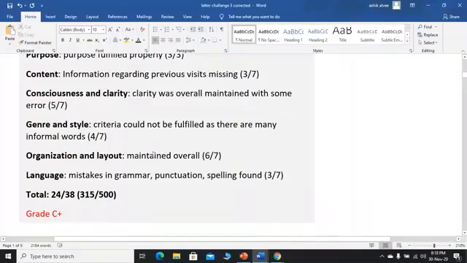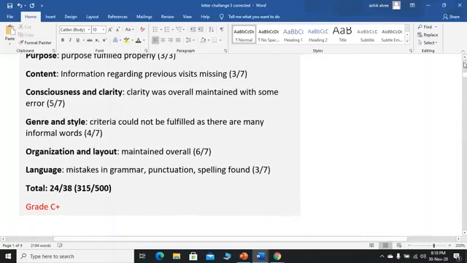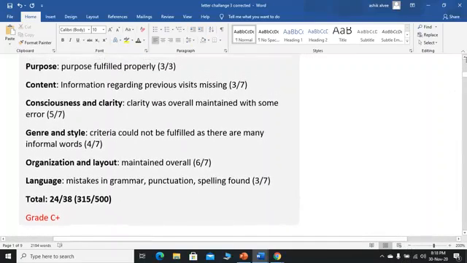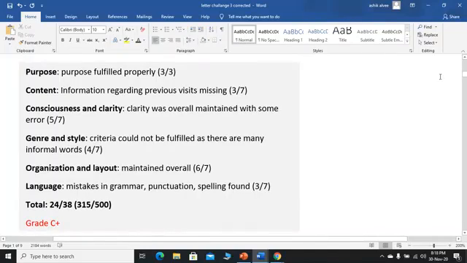So overall, this writer gets 24 marks out of 38, which equivalents to 315 out of 500, and ultimately this resulted in grade C. So people, that is how we mark our letters in Acing OET. It is same as the official OET personnel who mark the letter.